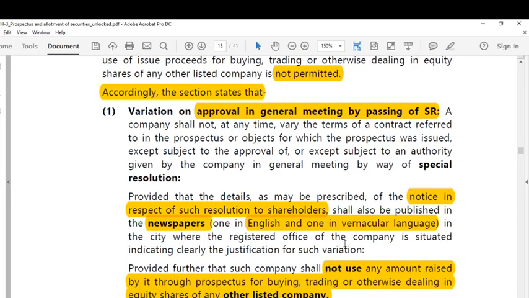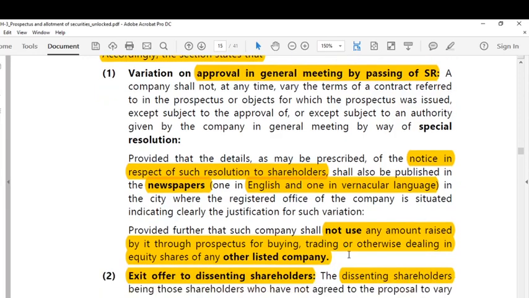The regional language is nothing but the language of the people in the area where the registered office of the company is situated. And next, the company should not make use of the money raised through the prospectus for buying or trading or otherwise dealing in equity shares of any other listed company.